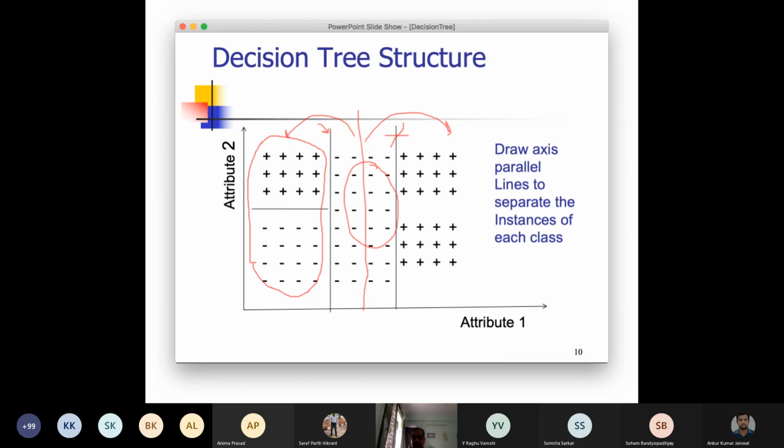But by applying heuristics or a greedy method, we can design an algorithm which will have a good property of keeping the depth of the tree small. So we would be discussing those approaches in subsequent lectures.